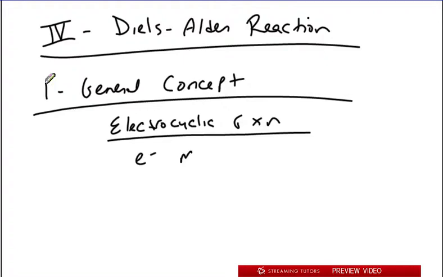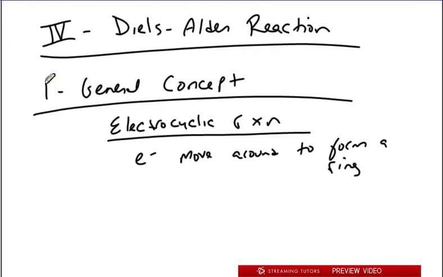Electrons move around to form a ring. Now, there's cycloadditions, which is what we're going to do now. There's something called sigmatropic reactions, which we won't talk about at all, and there's a few others as well. But they all have electrons that move around in space.